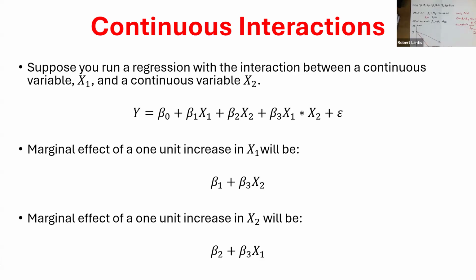So it's going to look very similar to what we were doing before. We had dummy-continuous interactions. It's just that now both these variables are continuous, right? But we still are possibly going to have a turning point.